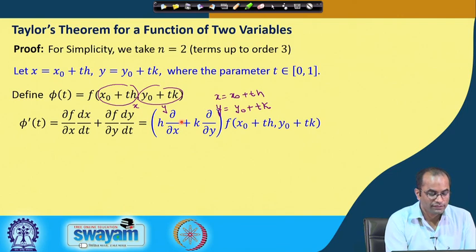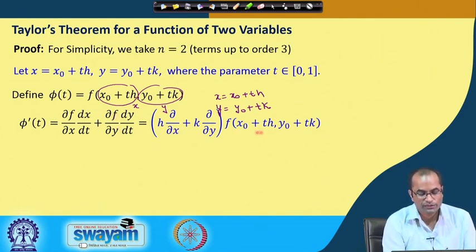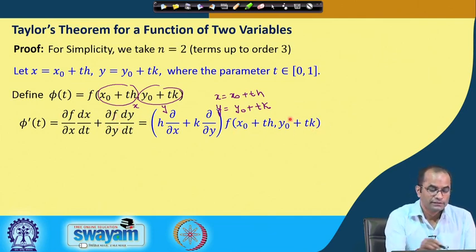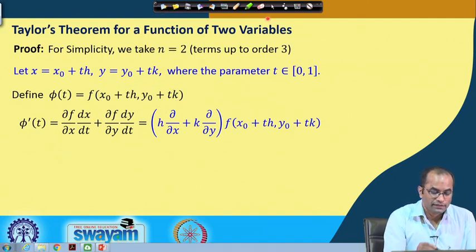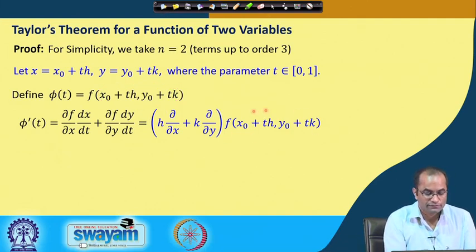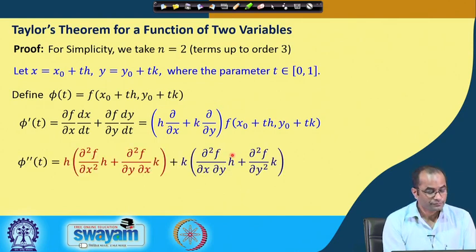This was del over del x on f and this was del over del y on f. So, that f at the point x, y we have just written outside. So, let me erase this. The meaning is h times del f over del x at the point x0 plus th, y0 plus tk, plus k times del f over del y.